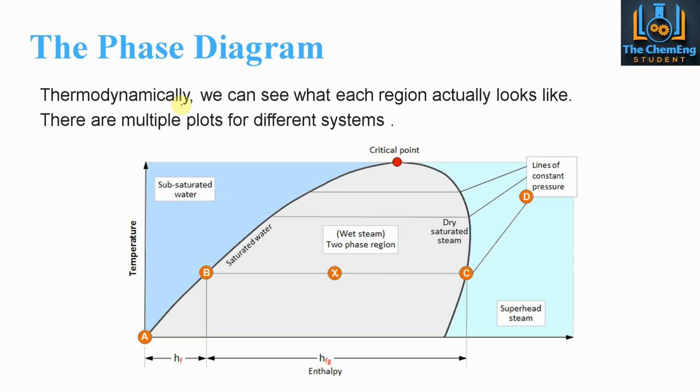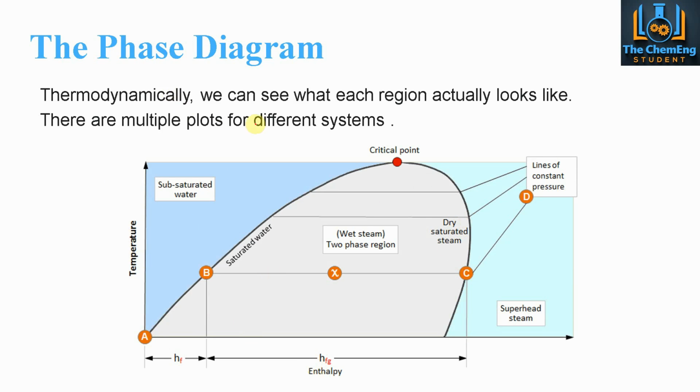Here, we have the temperature versus the enthalpy, and these lines, this big black line here, are the constant pressures. We can change these depending on the system that we want. For example, we could plot temperature against entropy rather than enthalpy.